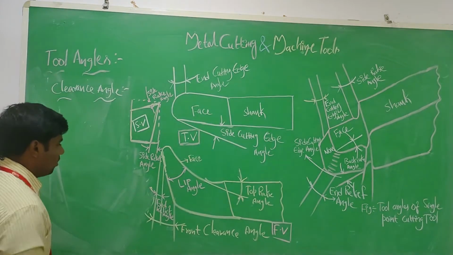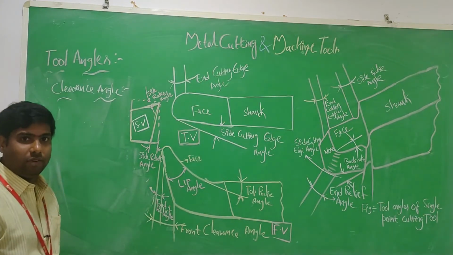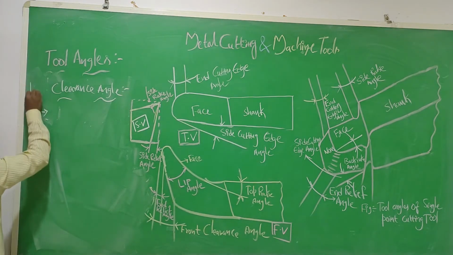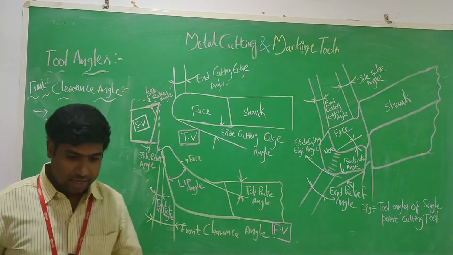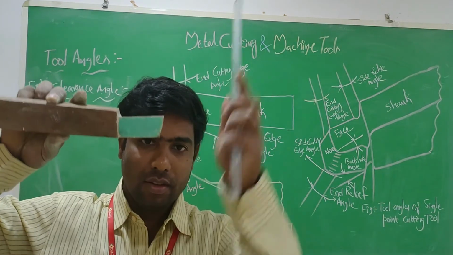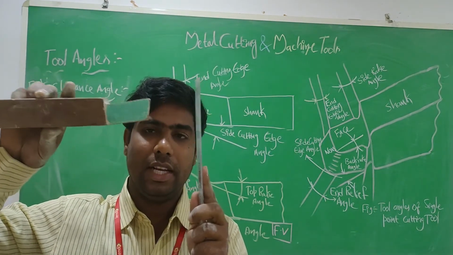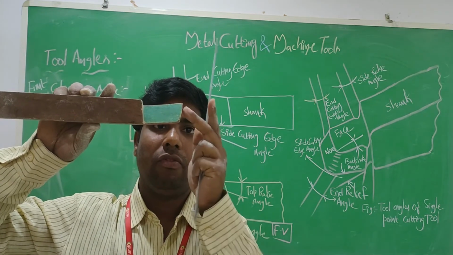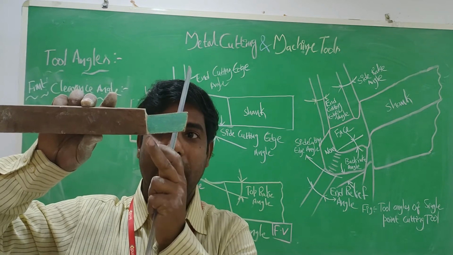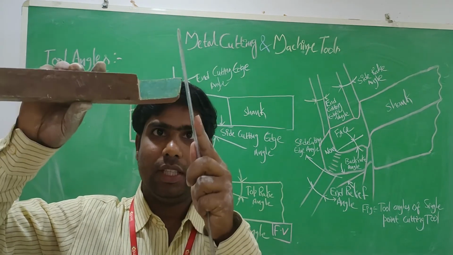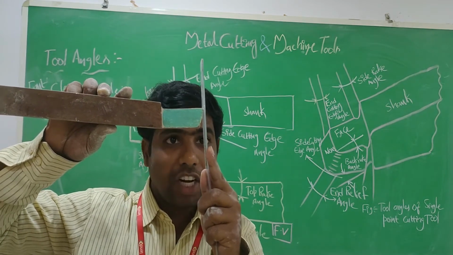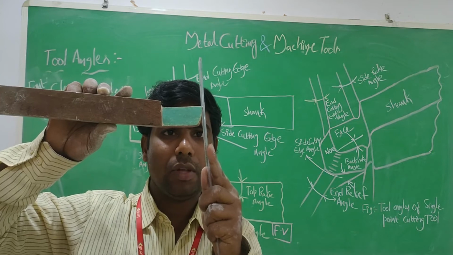So what is front clearance angle, sir? We will see. Friends, coming to front clearance angle, it is the plane perpendicular to the base and the front portion of the flank immediately adjacent to the base.